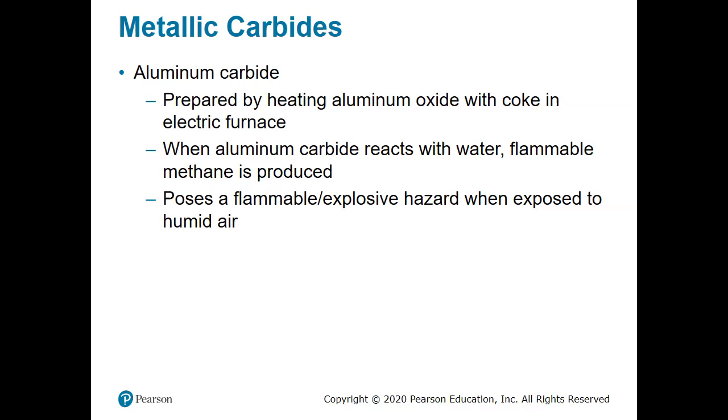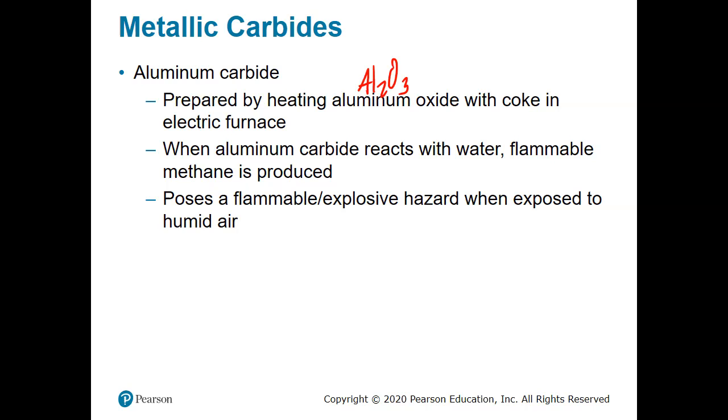for aluminum carbide, we can make it by basically taking aluminum oxide. We talked about aluminum oxide already. Aluminum oxide, Al2O3. That is the most common form of aluminum because of aluminum's reactivity with the air.